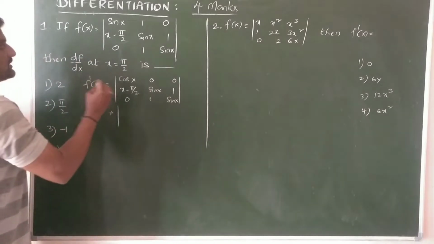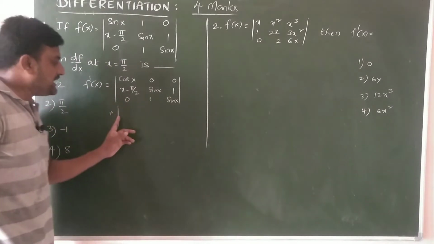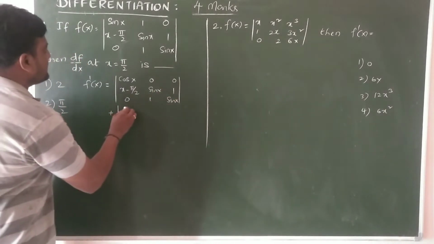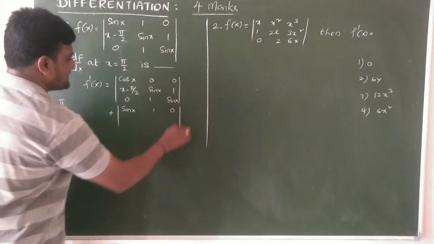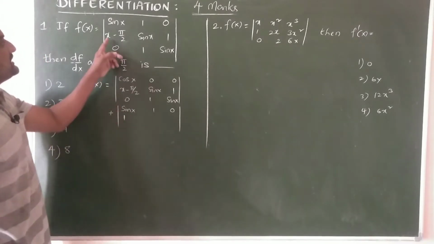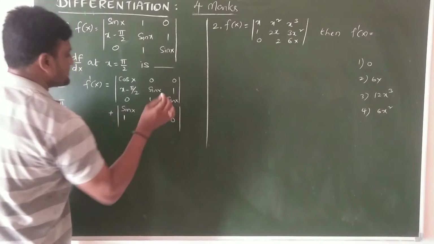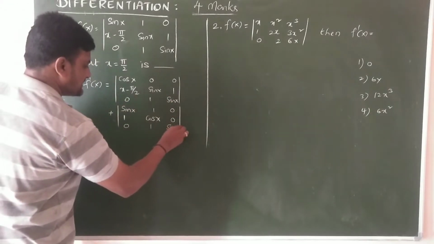Now next, in the second term we take only the derivatives of the second row. So sin x, 1, 0 as it is. Now x minus pi by 2 becomes 1, 1 becomes 0, sin x becomes cos x. Then 0, 1, sin x as it is.